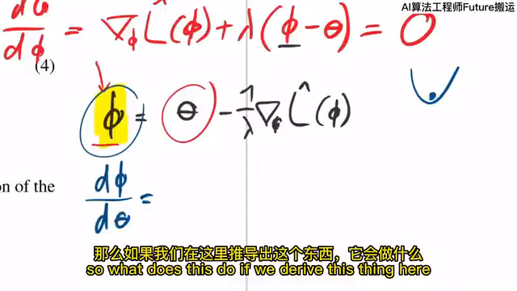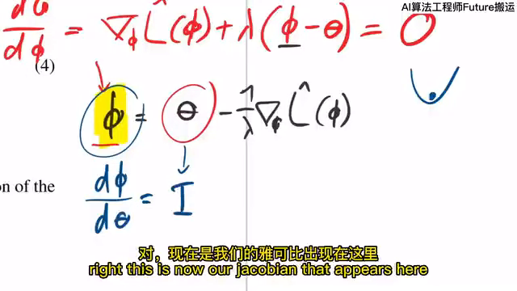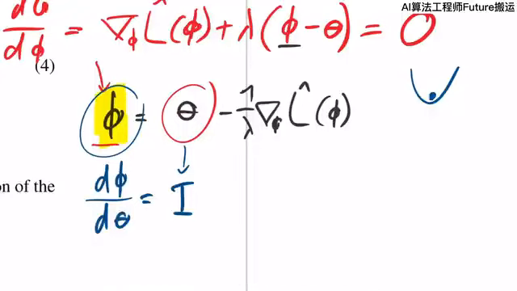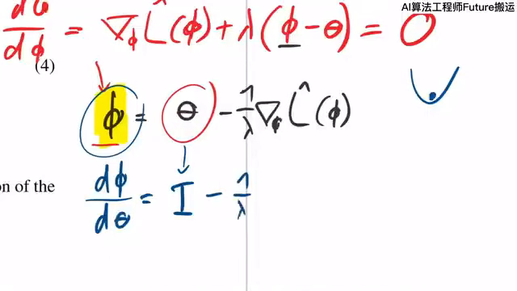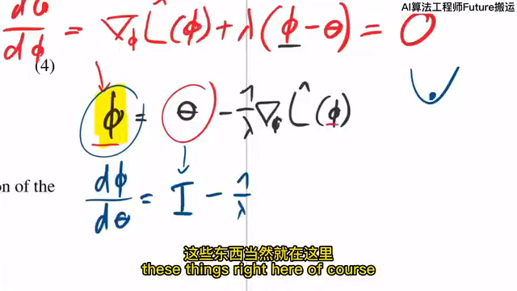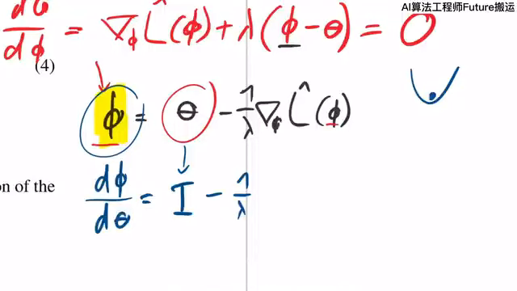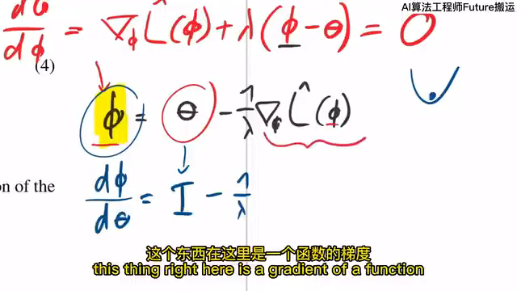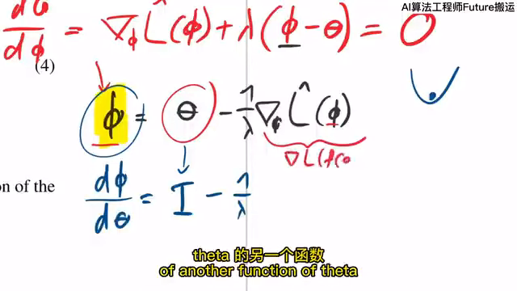So what does this do? If we derive this thing here with respect to theta, it's simply giving us the identity matrix, right? This is now our Jacobian that appears here. Then this 1 divided by lambda is going to stay. And now it gets a bit tricky because these things right here are also a function of theta. So essentially this thing right here is a gradient of a function of another function of theta.